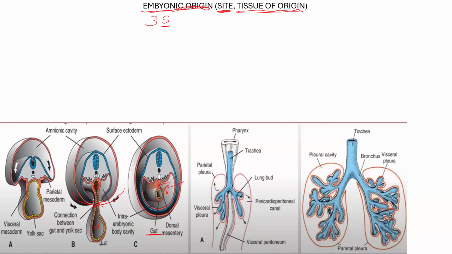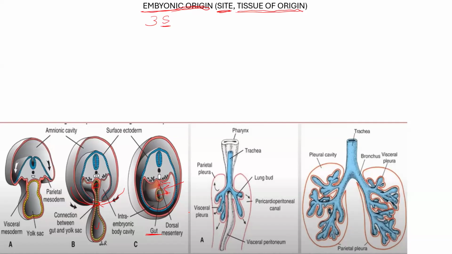Then the gut itself, the inner part, is lined by endoderm, represented by yellow. So you can already guess the tissue of origin of these structures, which are derivatives of the primordial gut. And the primordial gut will give rise to the digestive tract and also the respiratory tree.